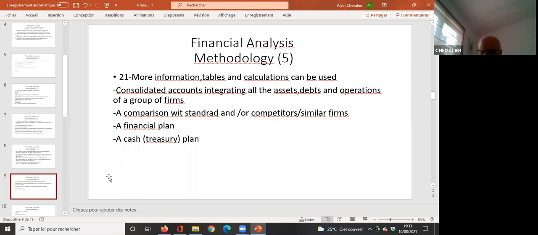In this point 21 also, we have a few words on 2 forecasts, which are very useful at the time we go through recommendations. The first one is a financial plan. We go through that kind of problem in the diagnosis and financial policy course. You need, of course, an investment plan before. There is no financial plan without an investment plan.